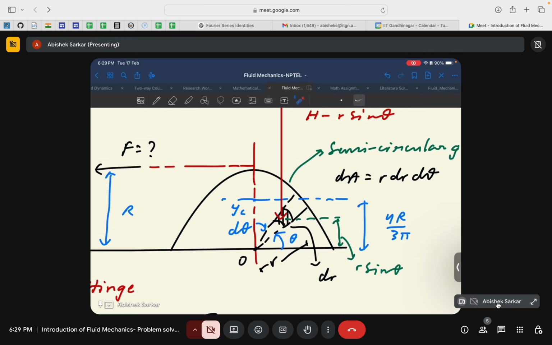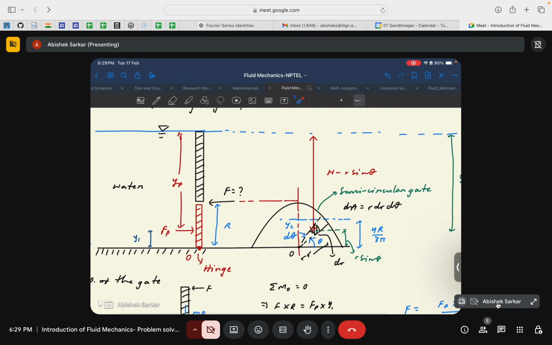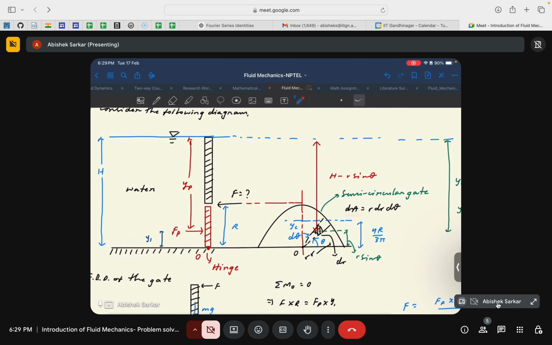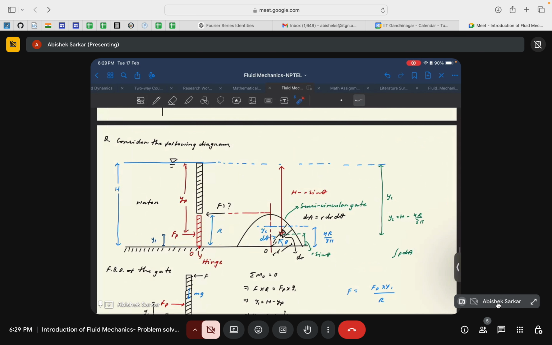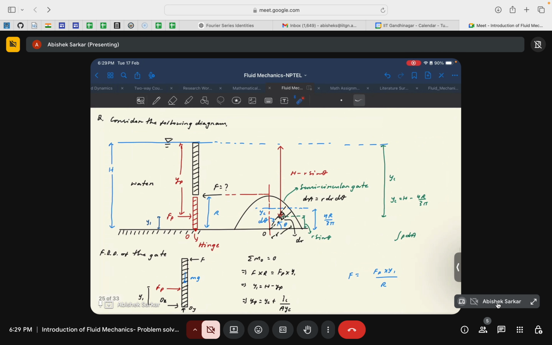Let us proceed. So dA is the elemental area, r dr d theta. For this elemental area, if this is a distance of say r from the origin, and for this particular problem I will use origin and hinge point interchangeably, so please don't get confused.